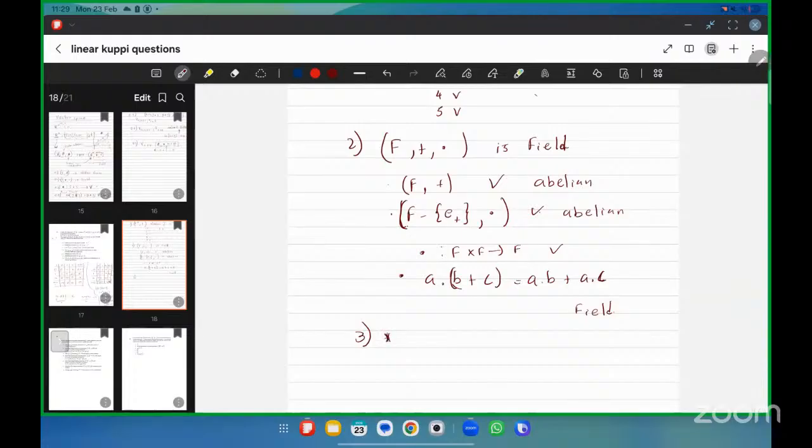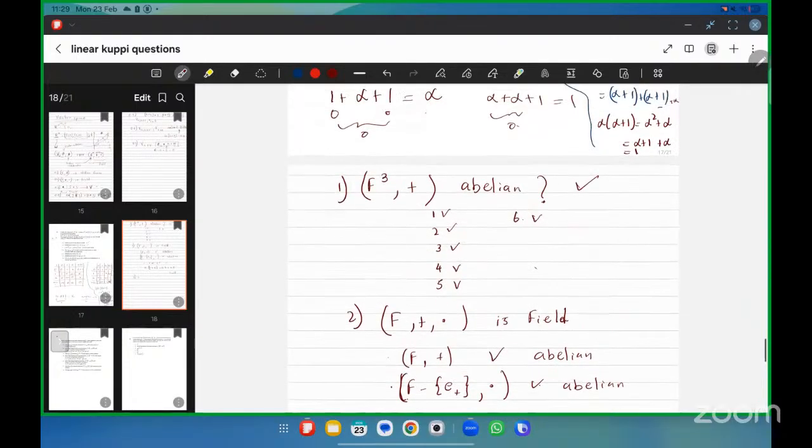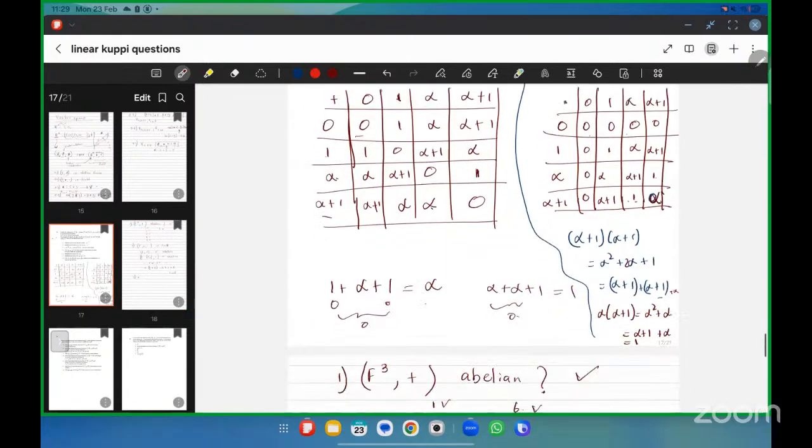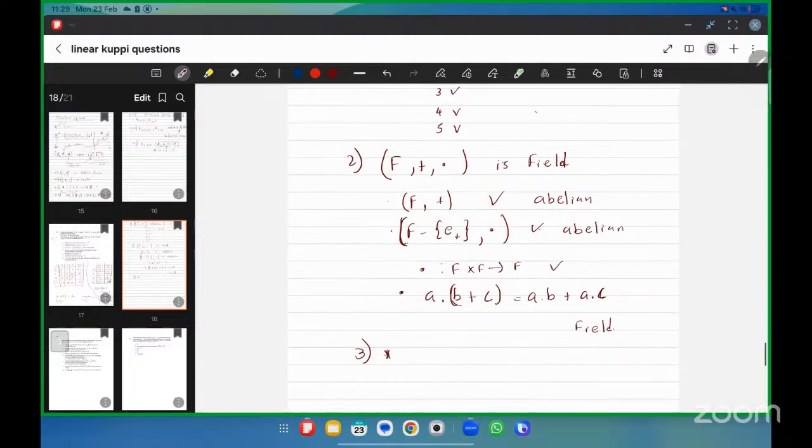Here they gave us a dot, so we have multiplication. We have to define the scalar multiplication as a dot from F3 and check whether it is correct or not.